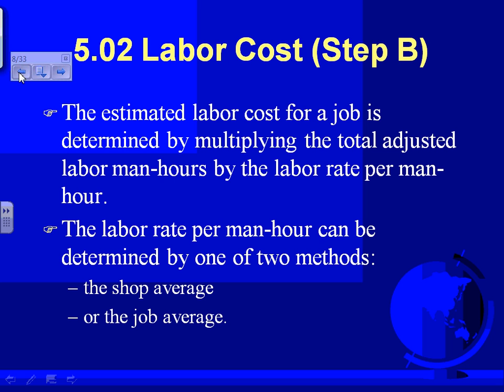Page 71 is the shop average. If you guys look at the shop average, Spencer, you have a company and you have multiple people working for you, your crews, and you send them to work, and you keep track of their hours on the job, and the dollars that you paid them.